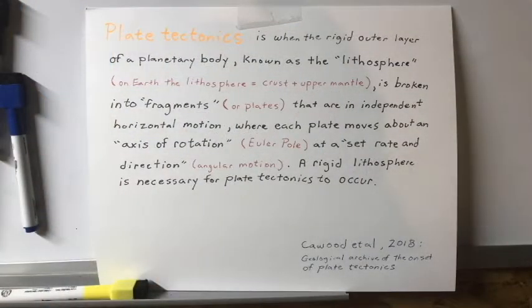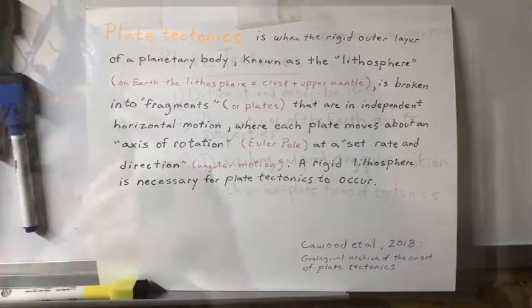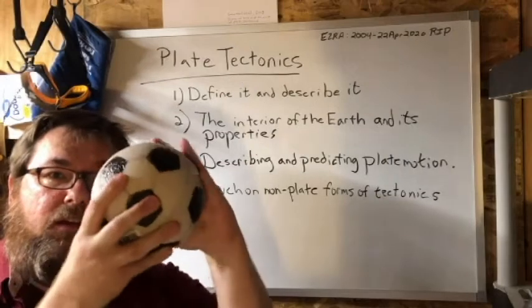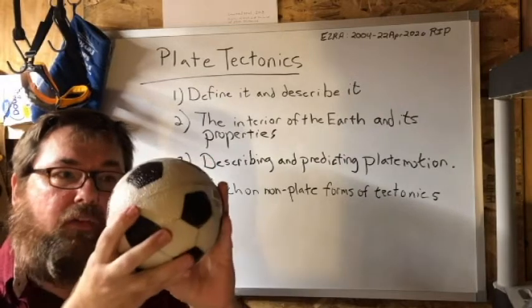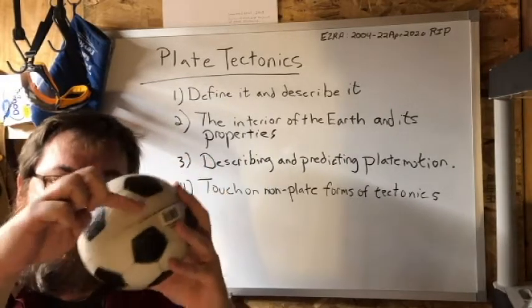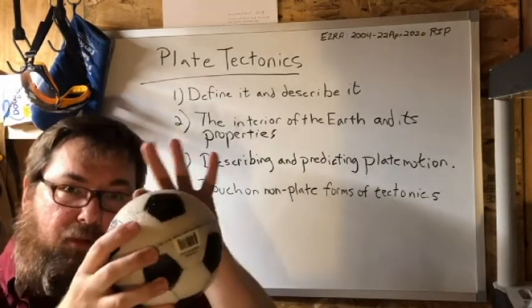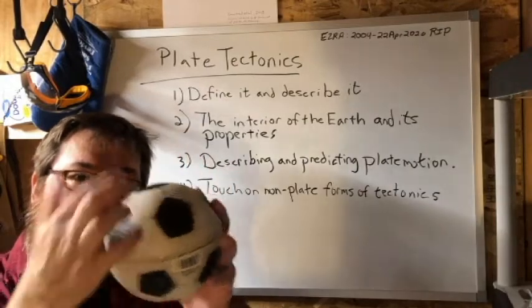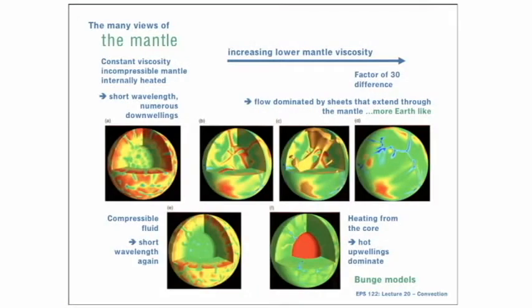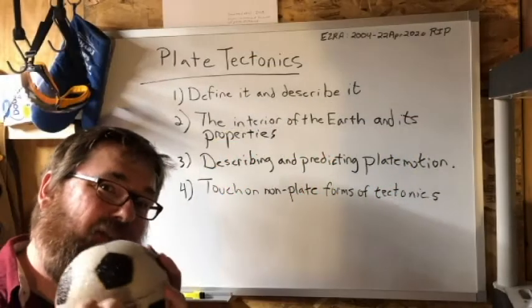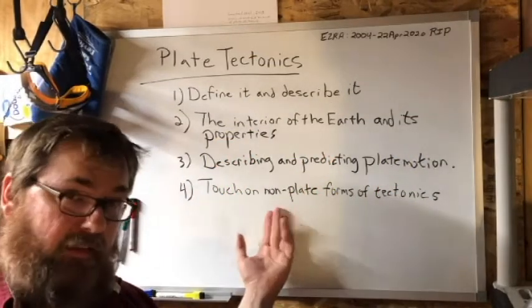They have independent horizontal motion. They need to move horizontally about the surface, all right? And yes, you do get subduction and they get pulled back in, but the plates themselves move horizontally. You don't get plates getting directly pulled down into the mantle. That's something called stagnant lid, and that's this.